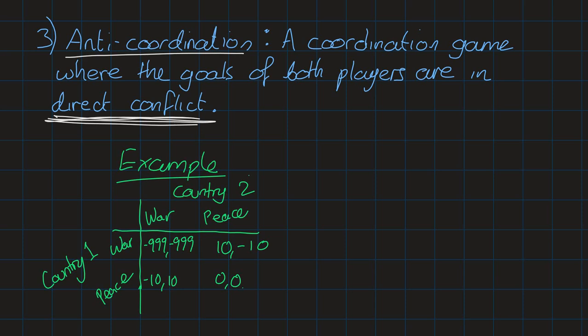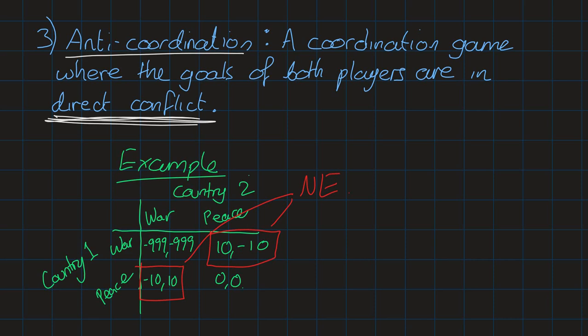So to begin, I need to identify the Nash equilibrium, right? And if you're not used to this, you should practice doing this. So to find the Nash equilibrium in this game, it will be this one here and this one here. These are the Nash equilibrium.